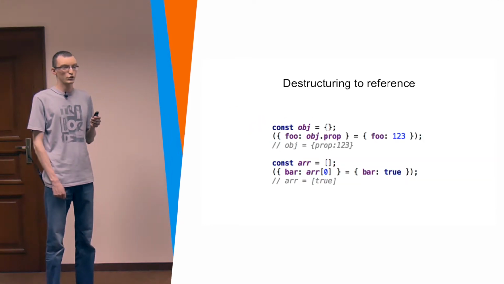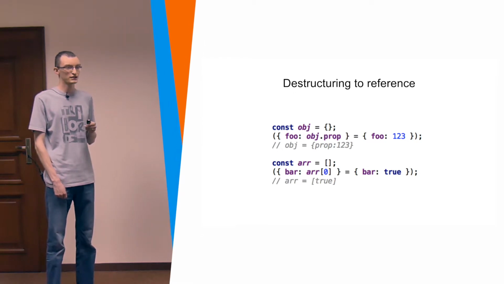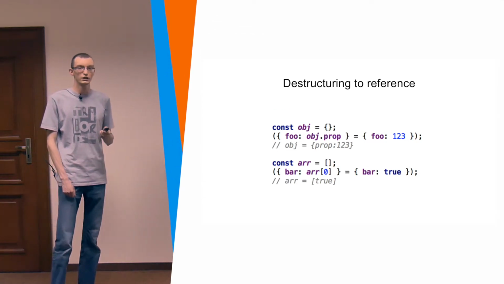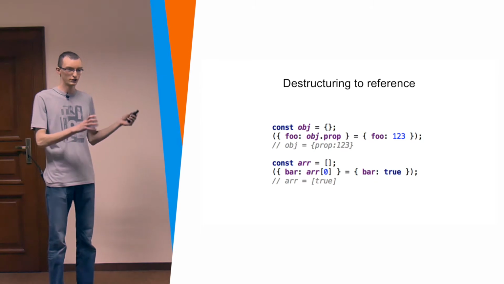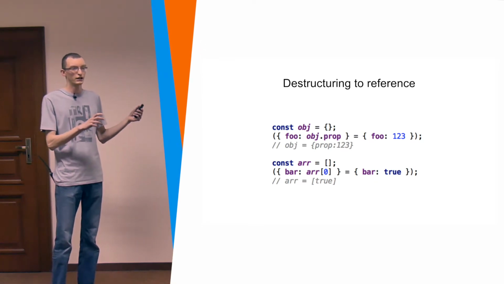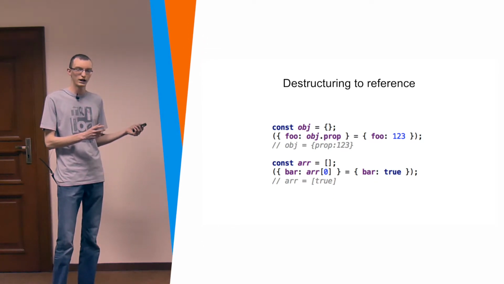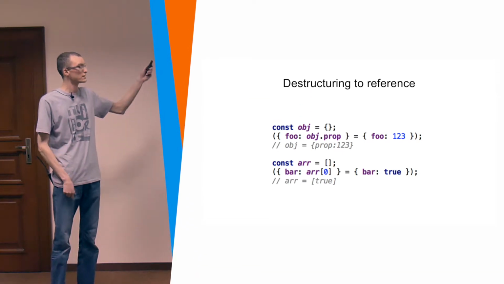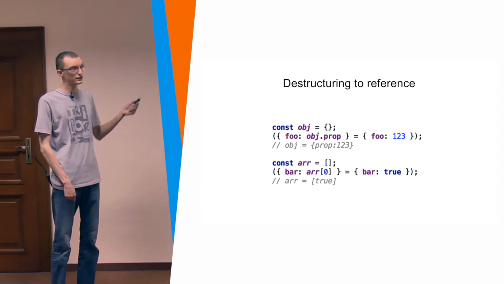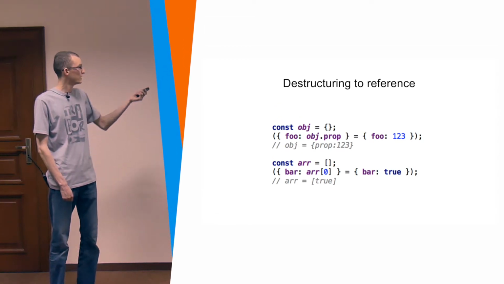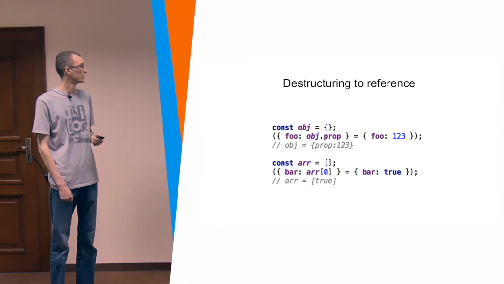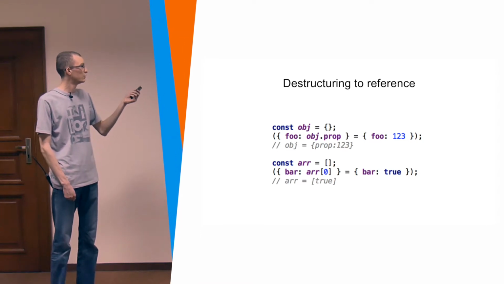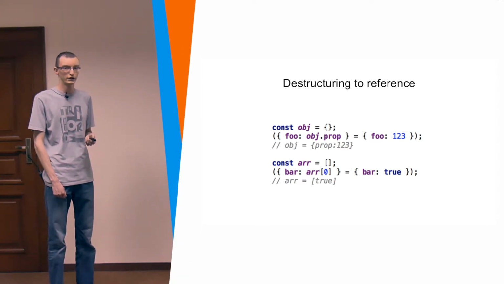Another cool feature is that we can destructure to a reference. We can not only define values using destructuring, but we can also assign to an existing object. And the same in the second case, we assign to an element of the array.